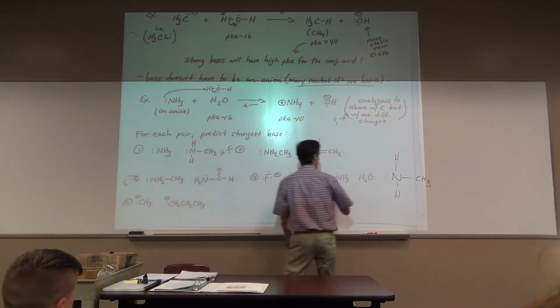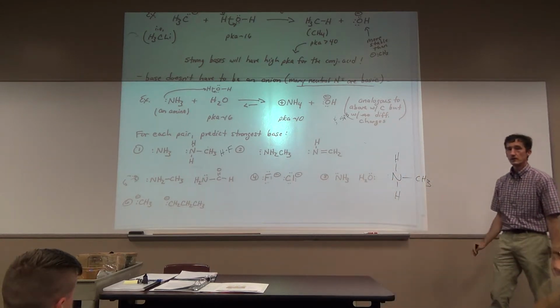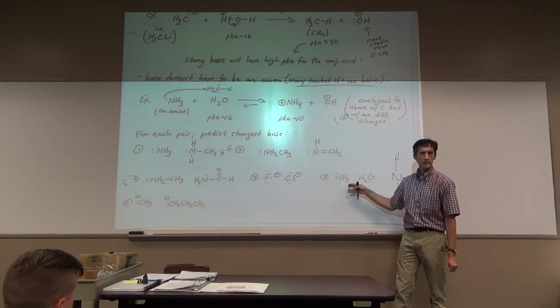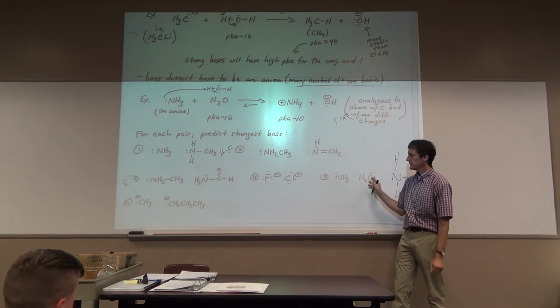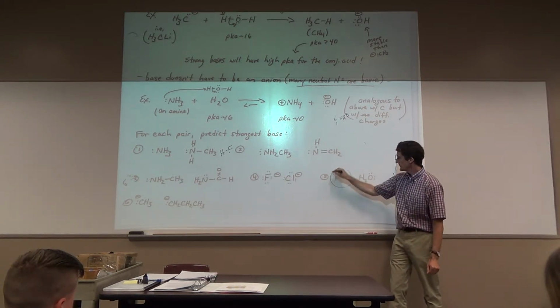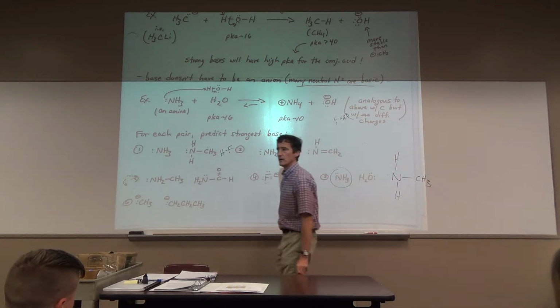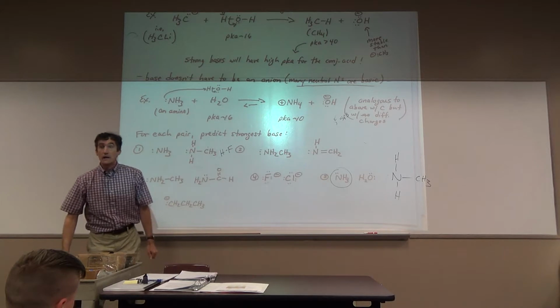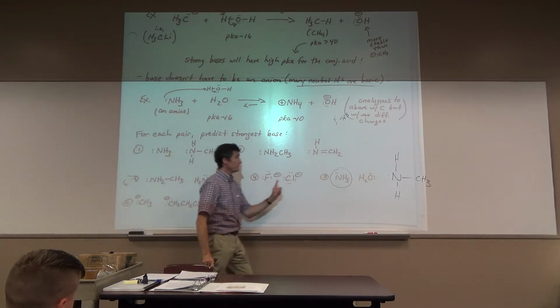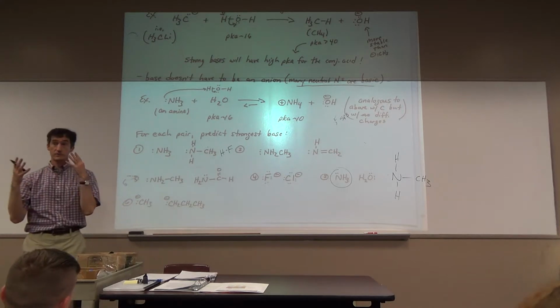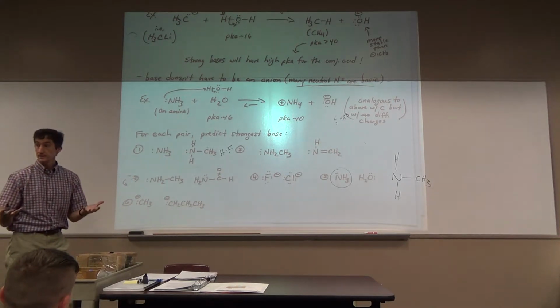Which one's more basic, ammonia or water? Ammonia. Well, you memorized in Gen Chem maybe ammonia is a base, but why? Yes, it's more basic. Why? It's less stable. What's your reason? Hybridization? They're both sp3 lone pairs. But the difference, oxygen is more electronegative.